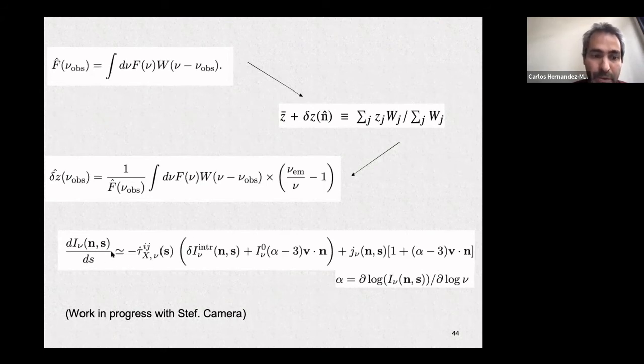So what we're doing now is trying to apply this to angular redshift fluctuations. In the language of intensity mapping, when the sources aren't resolved, and you're talking about average fluxes measured in a given region of the sky, then this is the expression that we have come up with for angular redshift fluctuations.